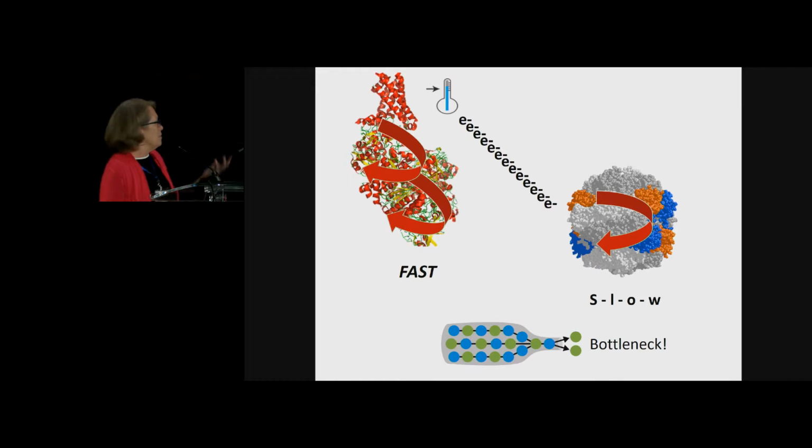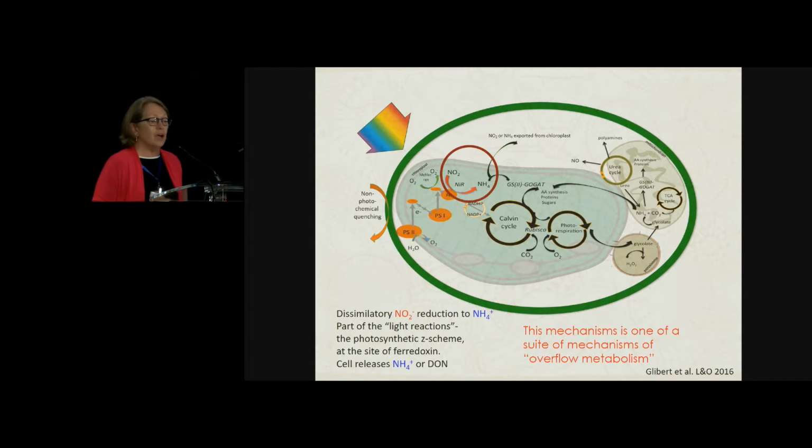And this can do the actual damage in the cell when these two physiological pathways become uncoupled. And so cells have a number of overflow mechanisms that allow them to have safety valves, as it were, to protect downstream metabolism.